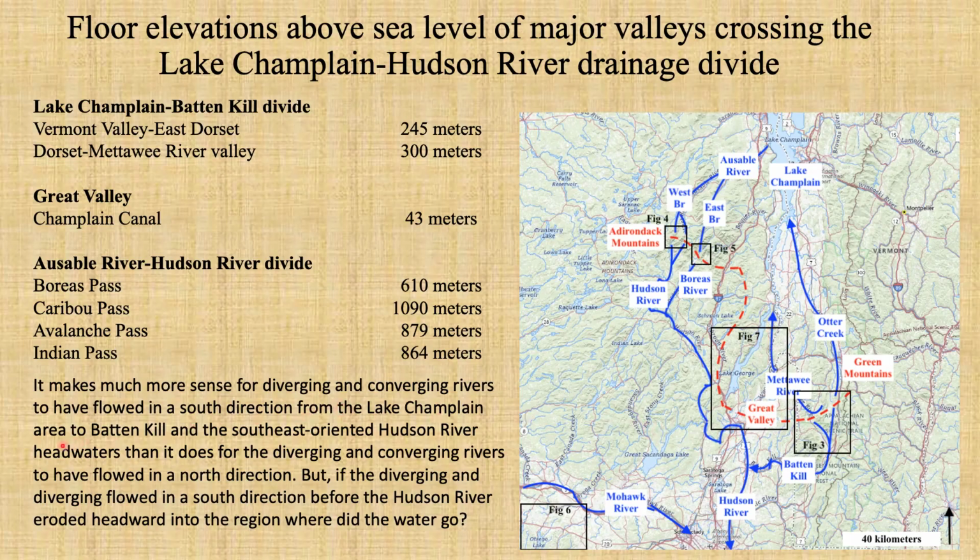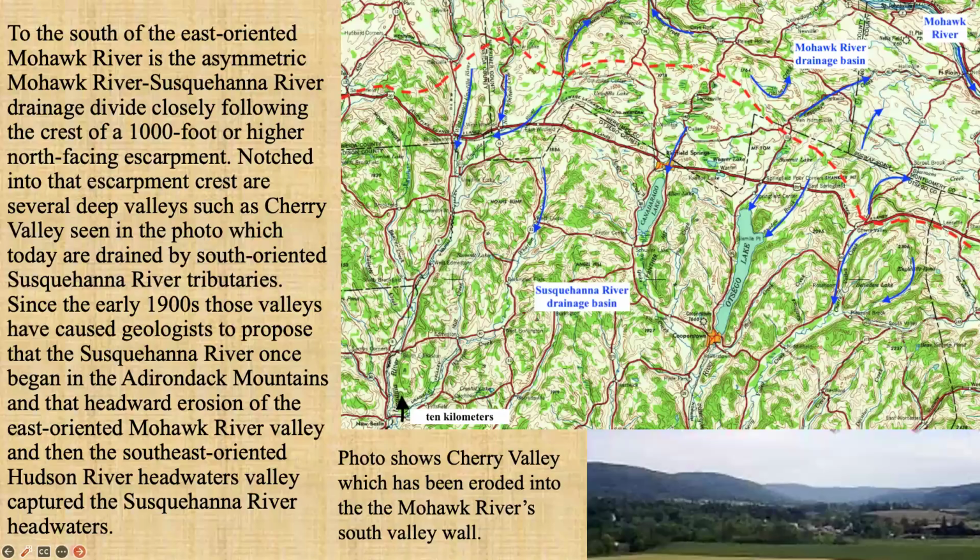And as I have mentioned, and I'll mention again, the elevation there at the highest point on the Champlain Canal is today 43 meters. Now, here we're south of the Mohawk River.